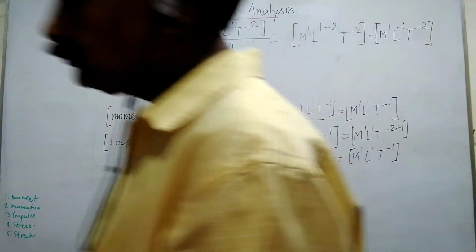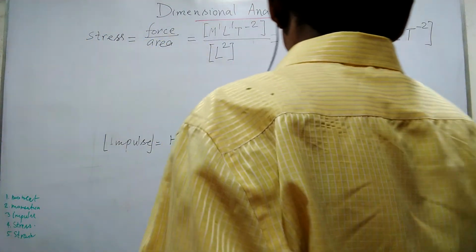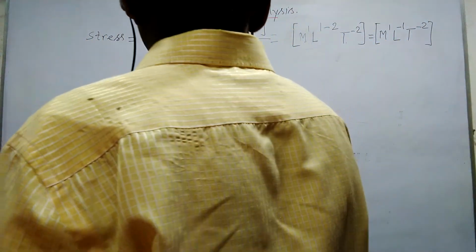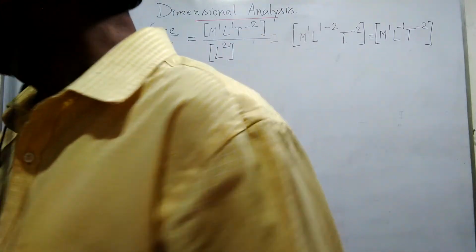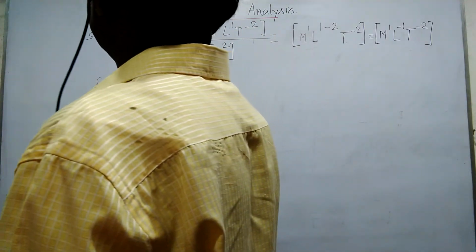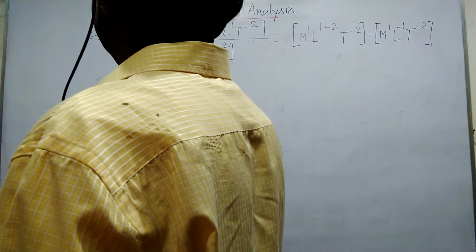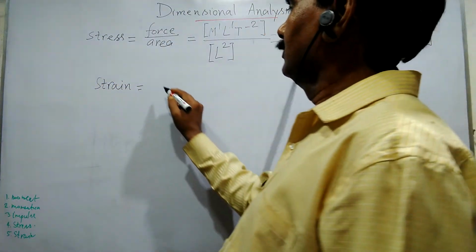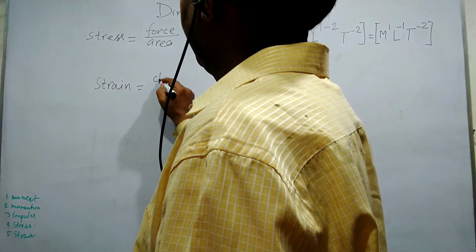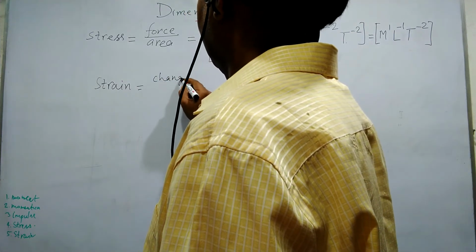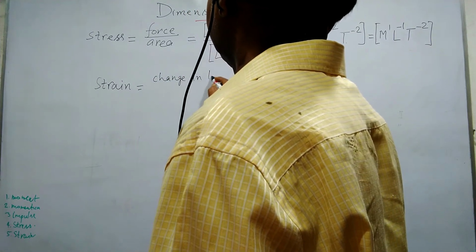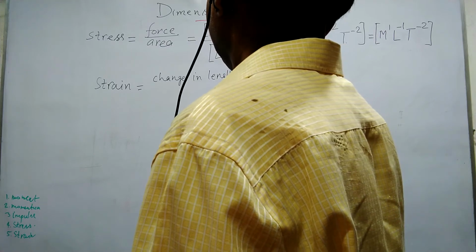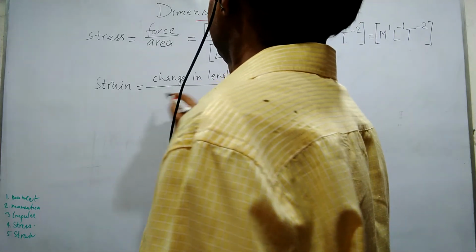Okay, now take the case of another derived quantity. Let us take the case of strain. How do we define strain? We define it as change in length divided by original length.